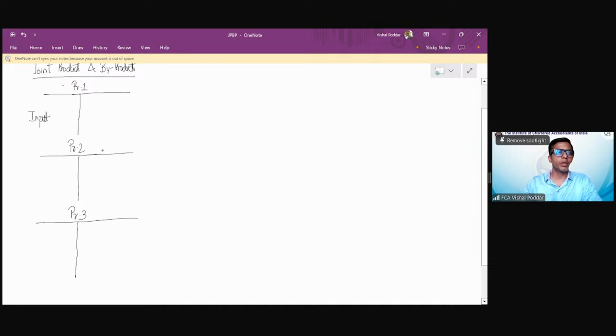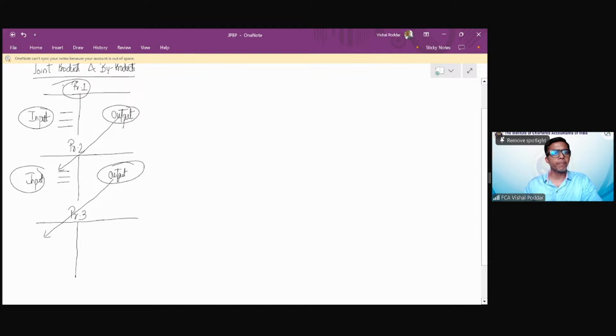Now what we studied is you input your raw material here, you did some processing, you got an output. This is not your final product, but it is output as far as the first process is concerned. This output goes to the second process, is treated as input there. Again, you do processing of the second process, applying its labor, maybe additional material, all the overheads. And again, you get output of the second stage, which again is not yet your final product.